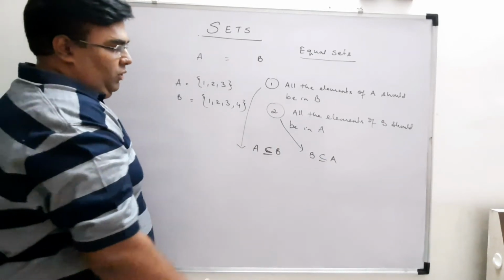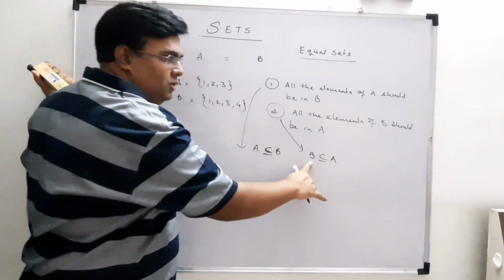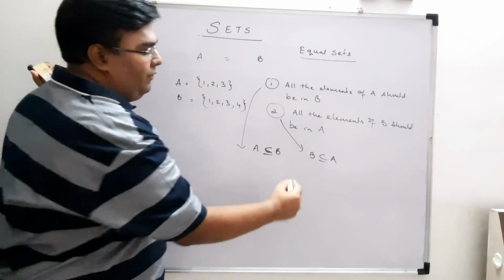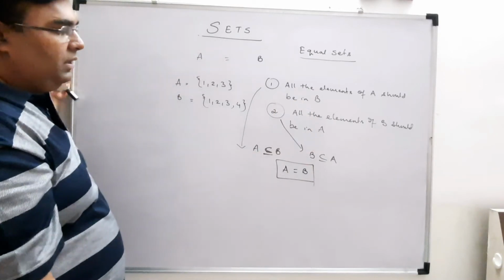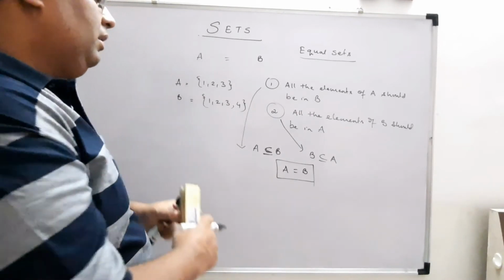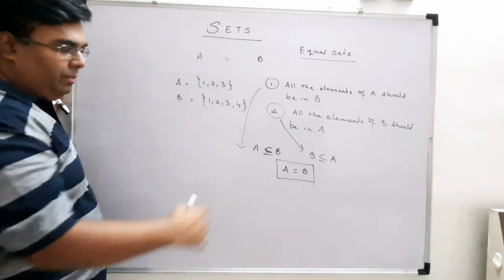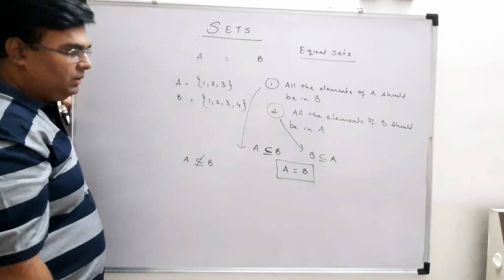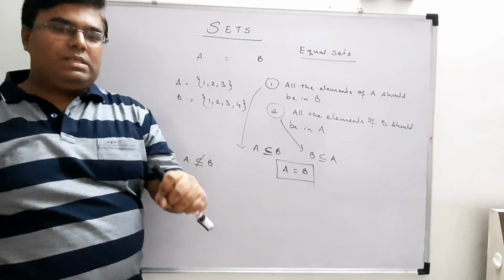Correct? So this means all the elements of A are also element of B, all the elements of B are also element of A. If these two things are there, then only we can write that A is equal to B. Correct? If there is a change in anything like this, we cannot say A is equal to B. Now suppose if all the elements of A are not included in B, then we can write like this. Okay, similarly here also. Okay, understand? Two sets, equal sets.